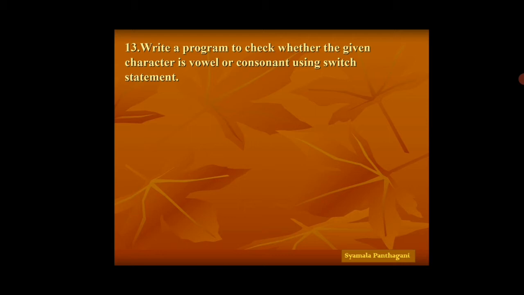Here we are going to check the given character is vowel or consonant using the switch statement. That is, if we give A, E, I, O, U, any of these five characters, we have to print vowel. Otherwise, we have to print consonant.